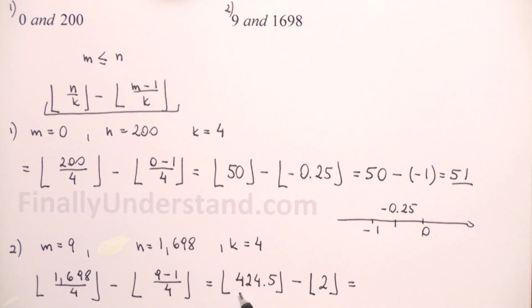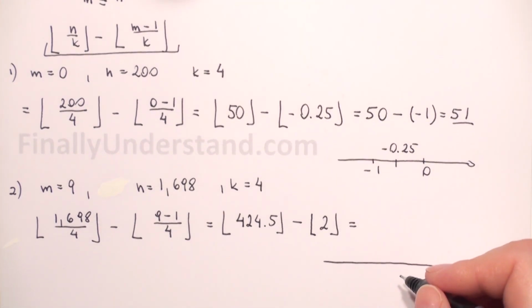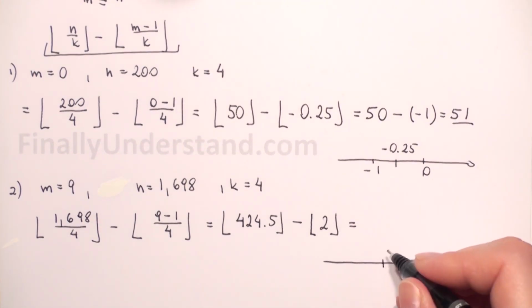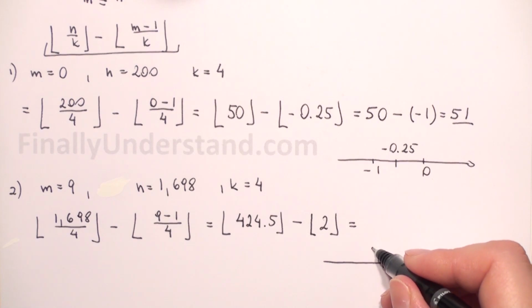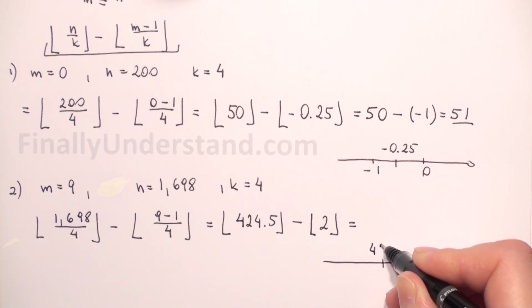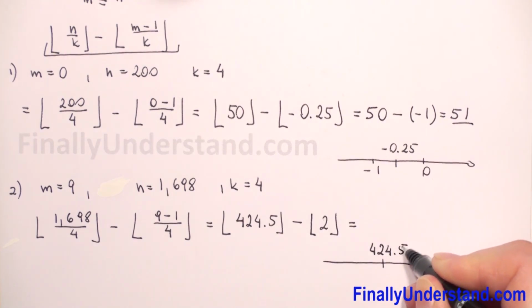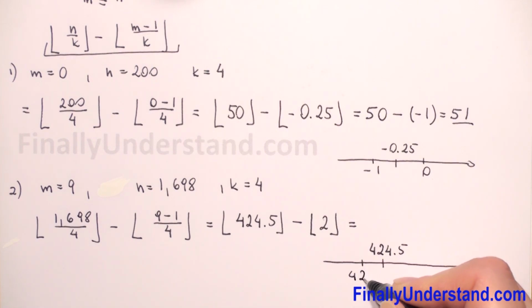First number, we have 424.5. This number is between, let me write this, 424.5 is between 424 and 425.